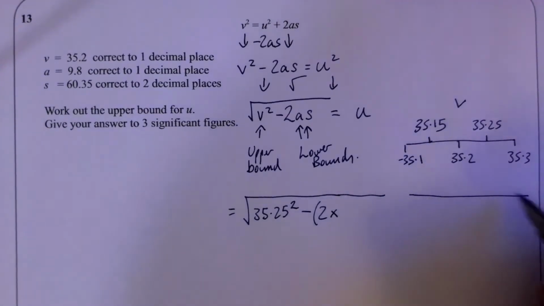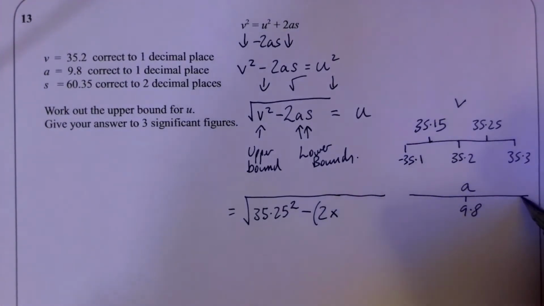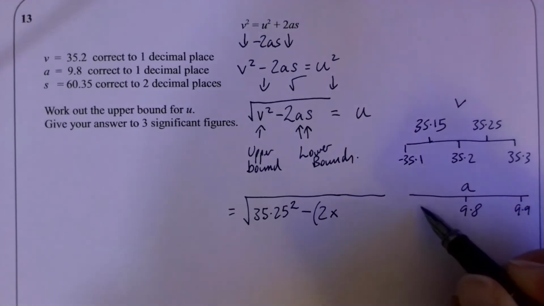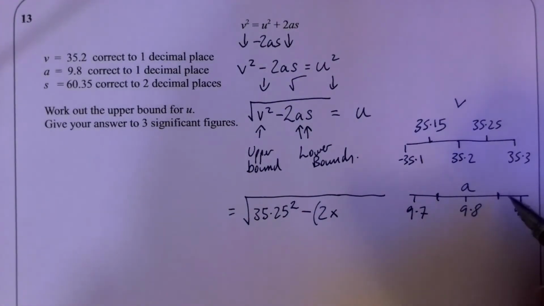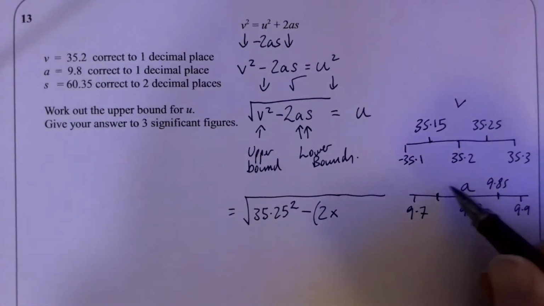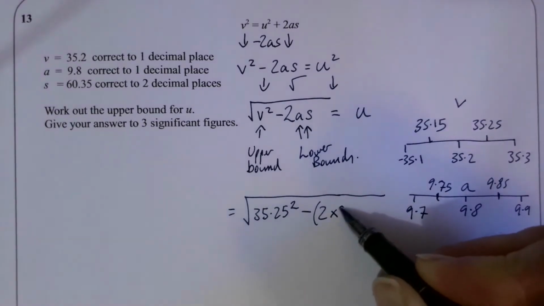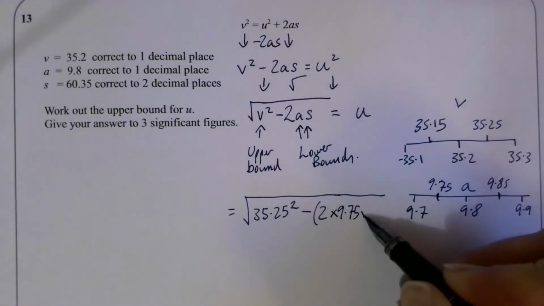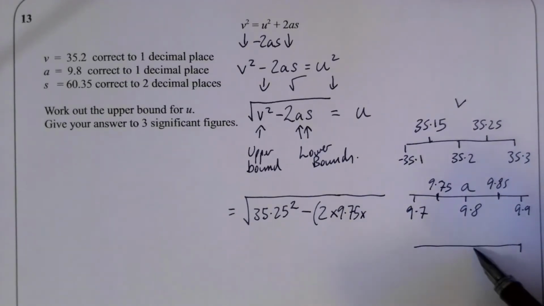If we consider a now, a is 9.8, going up 1 decimal place gets us to 9.9. Down 1 gets us to 9.7. So the halfway points are there and there. 9.85 is the upper bound, and 9.75 is the lower. Now we want the lower bound, so we're going to put 9.75 in there, and we're going to times that by the lower bound for s.